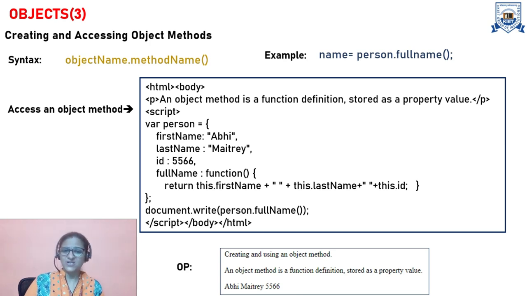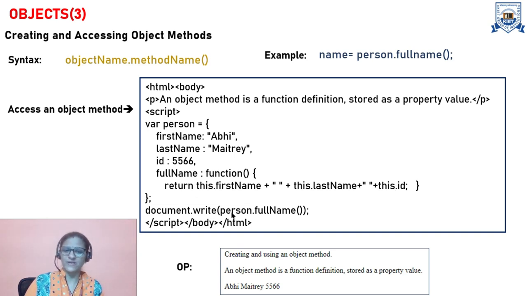So whatever the function is doing, it is associated with this name, fullName. And now we can call this name. With the help of document.write, we will call this fullName, which is associated with this function, which is containing all these properties along with their values.